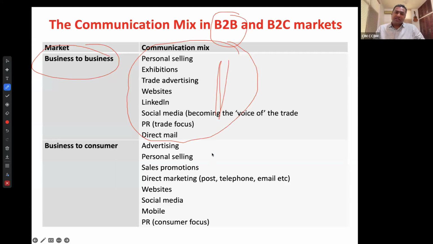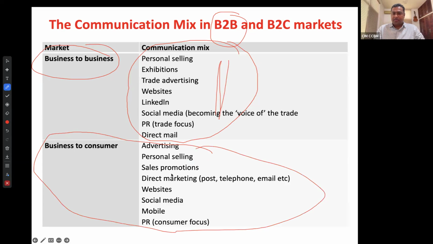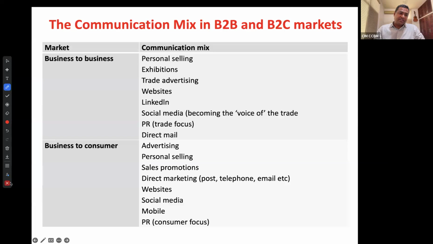But if you are selling a consumer product, B2C, you can then use mass media advertising, sales promotion. Again, you can use social media, WhatsApp selling. All these types of selling can be used. So your channels, your communication mix, your promotional mix will change based on whether you are selling a B2B product or a B2C product.